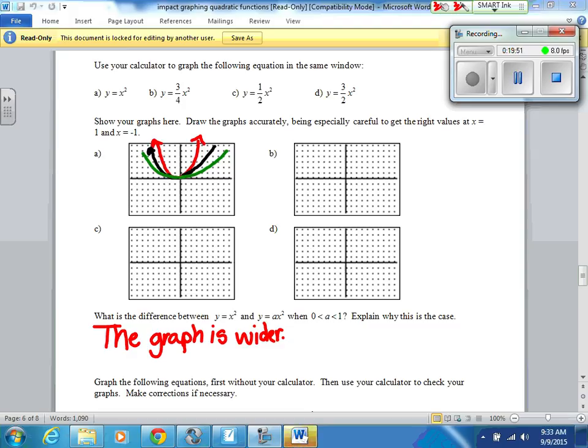Like the bowl is getting bigger. Points are getting closer together. The y values are getting closer together? Why are they getting closer together? Because they're getting smaller. It's decreasing. We're only taking a part of it, right? It's a fraction, right? Aren't those fractions? Are we taking the whole amount when you multiply by a fraction?